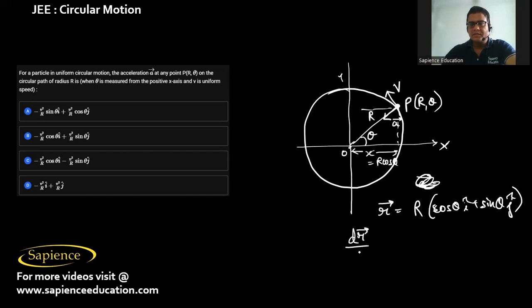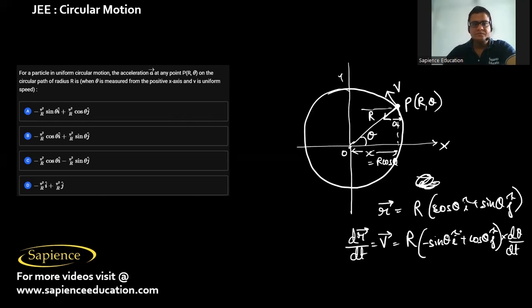Then dr by dt will be equal to v, and its magnitude should be constant. So this is equal to r into minus sine theta i cap plus cos theta j cap into d theta by dt, which is omega. So omega is equal to v by r. So the v vector is v into minus sine theta i cap plus cos theta j cap.